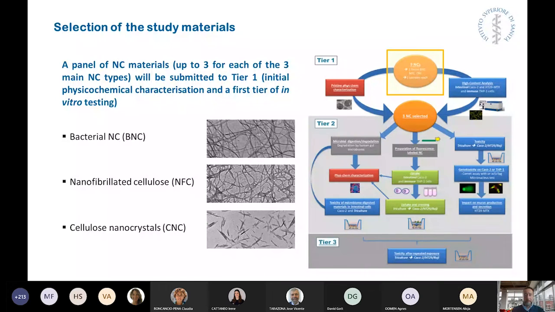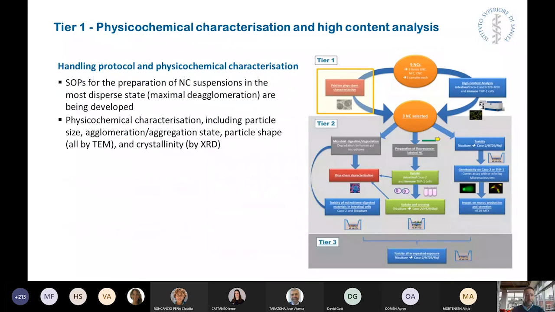These different types of nanocellulose will be investigated, and specifically in tier 1, we designed handling protocols in order to prepare nanocellulose suspensions in the most dispersed state, to ensure maximal deagglomeration, and also a thorough physicochemical characterization covering all the relevant parameters.